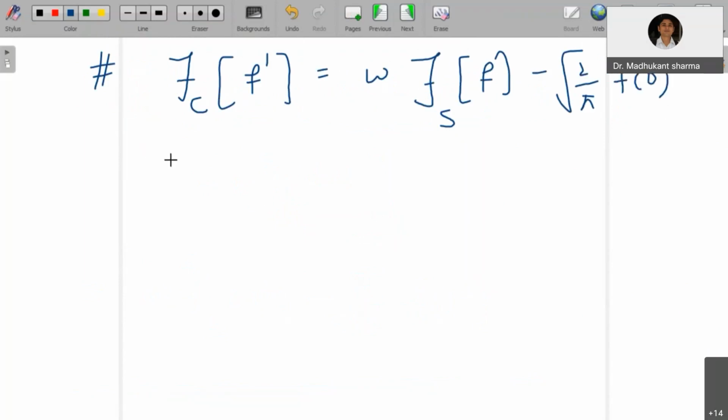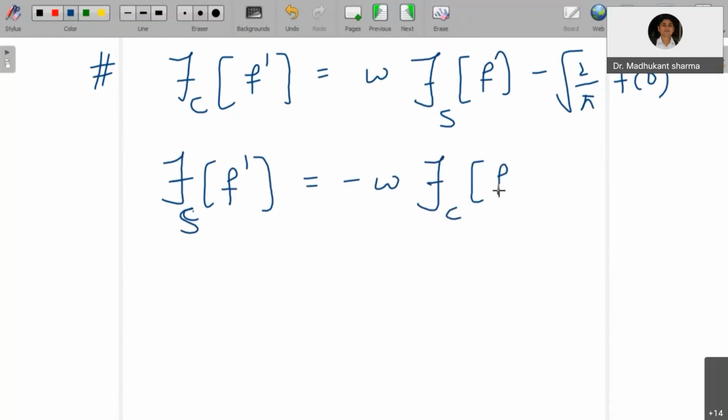Also, the Fourier sine transform of f dash is going to be minus w times the Fourier cosine transform of f. This term will not come because sine 0 is 0. And you use the product rule and apply.